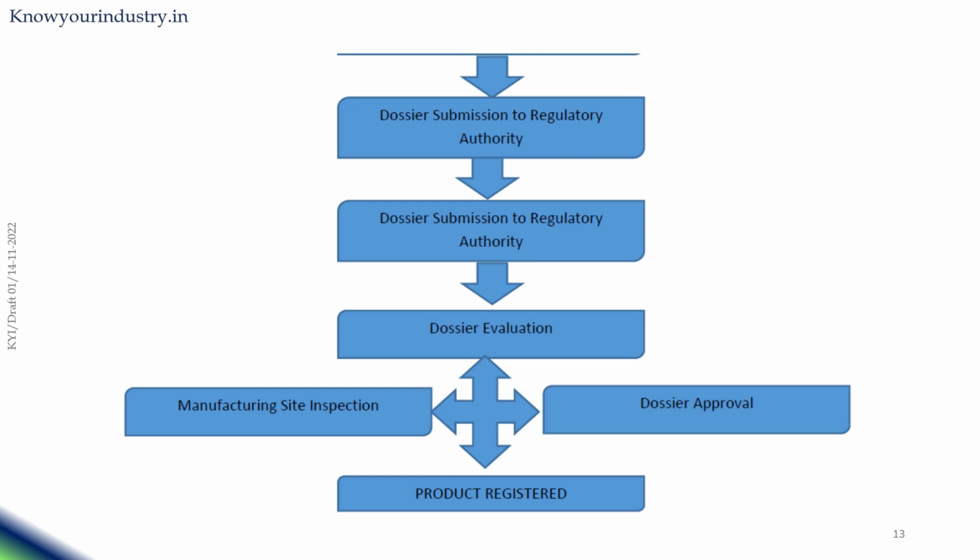Then the dossier goes for evaluation. After evaluation, manufacturing site inspection is done, and accordingly we get the dossier approval. This means finally our product is registered. This is all about the regulatory filing and registration process.